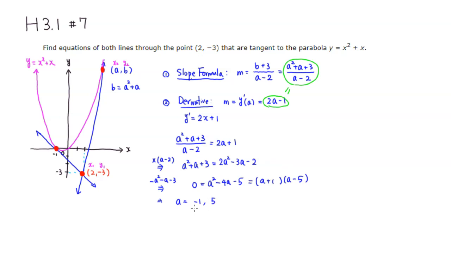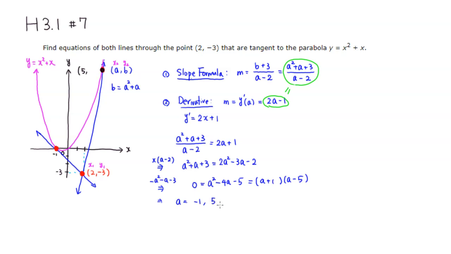So you can see that here we have these coordinates. This one right here has x coordinate 5. Then we can plug this into the parabola.